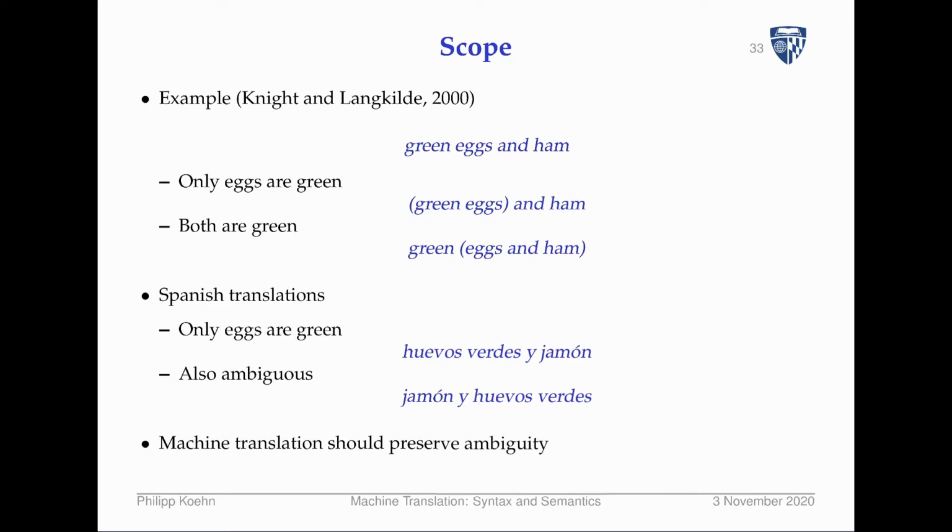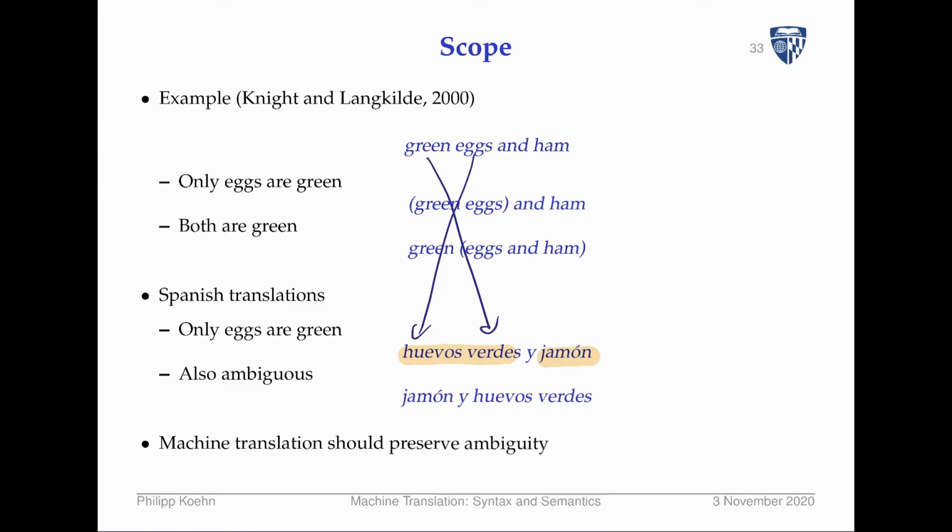So how do you translate that into Spanish? If you just translate this straightforwardly, huevos verdes, jamón, the only interesting thing that happens here is that the green and the eggs switch order, because adjectives and nouns are in a different order in Spanish. But that meaning then really means that only the eggs are green.